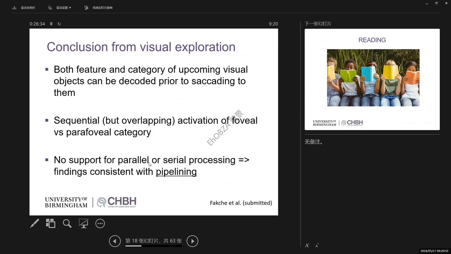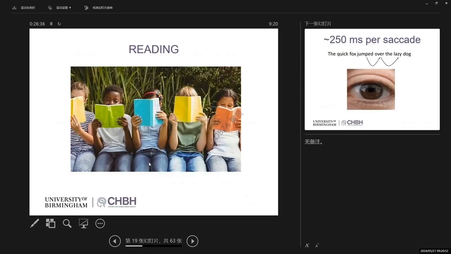So the next topic I want to move on to is reading. Before we talked about exploration of visual objects, however, one could consider reading as a special case of this visual exploration. Of course, reading is a very important task. In order to achieve academically, we need to have good reading skills.